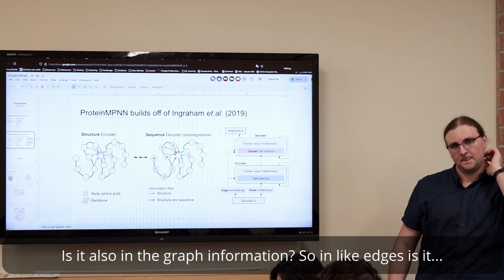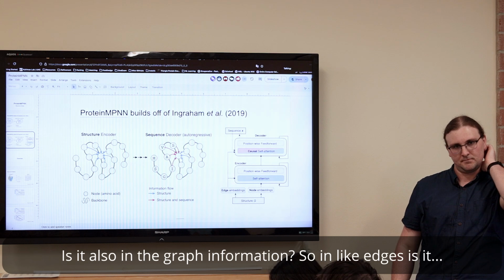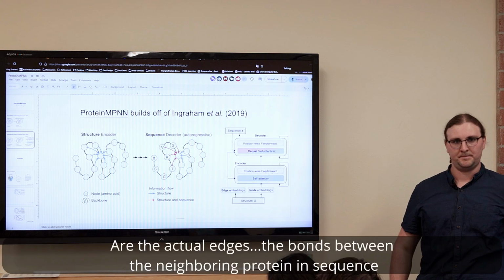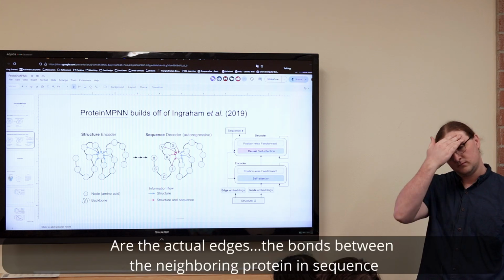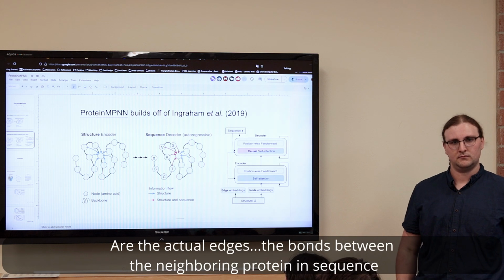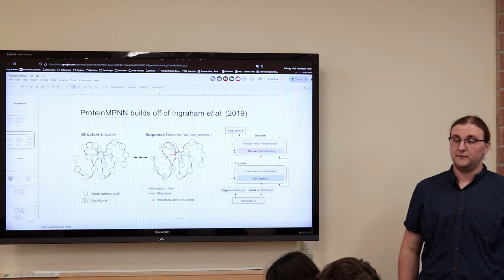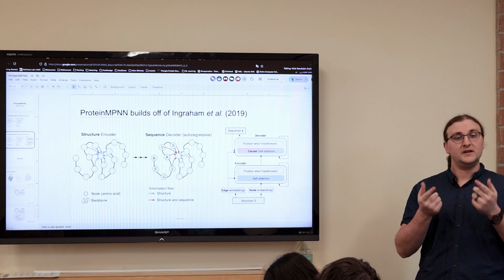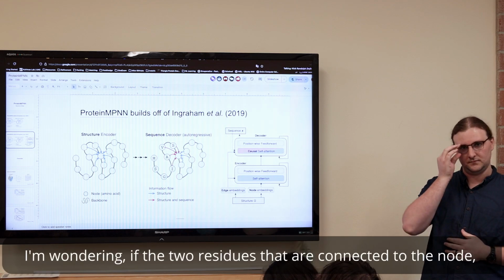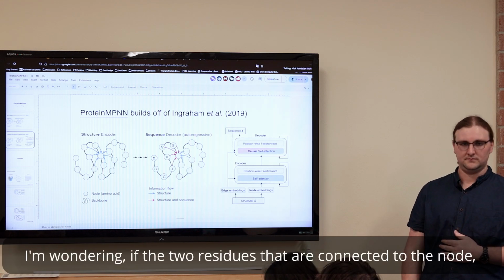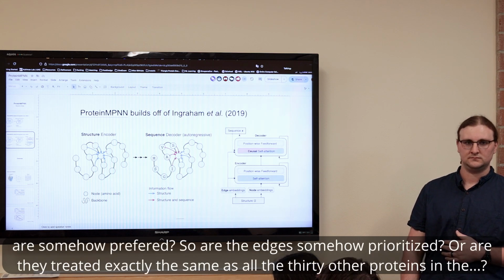Is it also in the graph information? So in the edges, are the actual edges the bonds between the neighboring residues in sequence? It's not necessarily bonds. I'm wondering if the two residues that are connected to the one that we're at, the node, are somehow preferred.